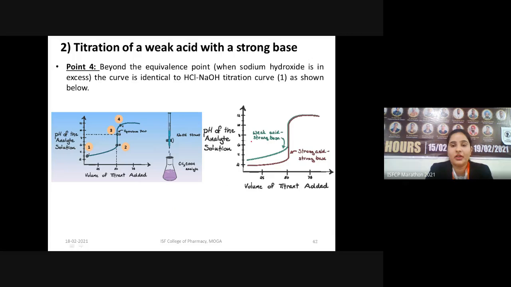When we perform the titration of a weak acid with a strong base, the curve starts from a higher pH, because the acetic acid which we have used does not dissociate completely into H positive ions, and hence the pH is higher as compared to the pH in the case of strong acid versus strong base titration.